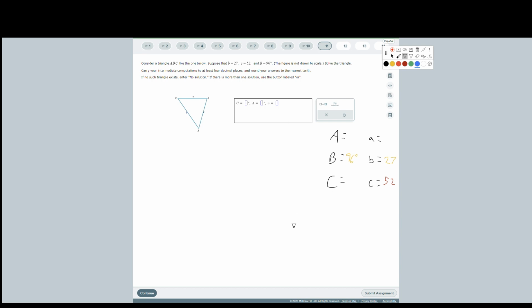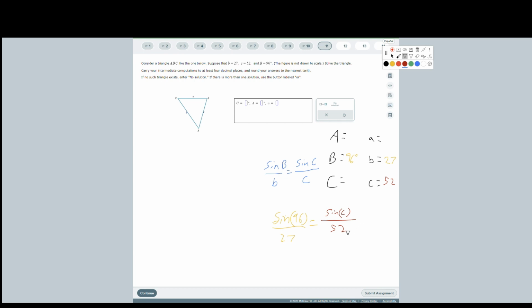So the law of sines says that sine B over little b is going to equal sine C over little c. With what we have, that's the sine of 96 over 27, which is supposed to equal the sine of C over 52.